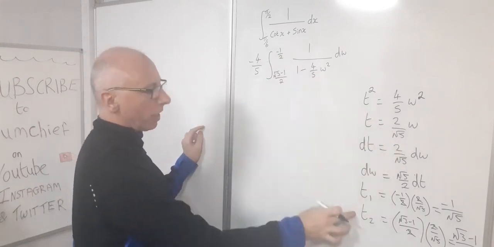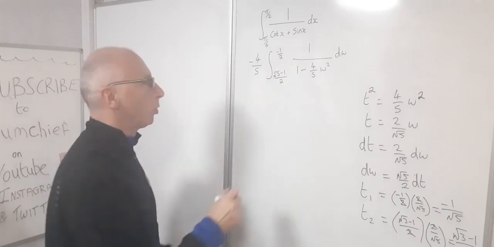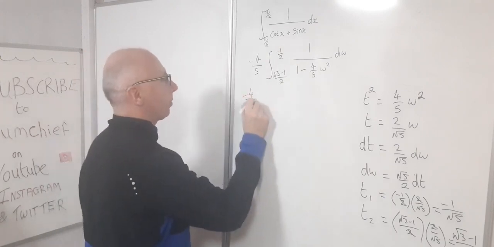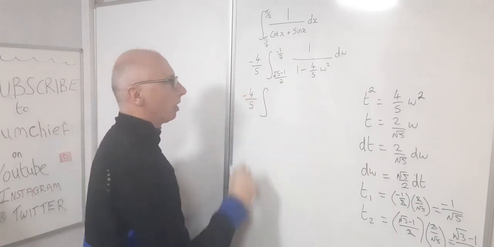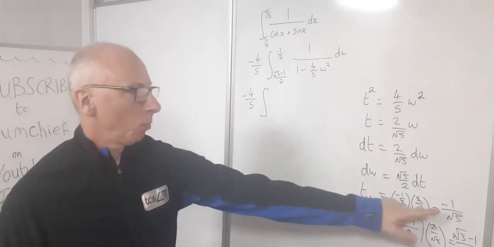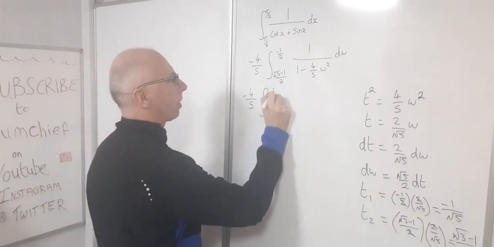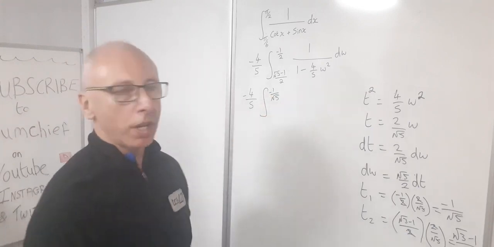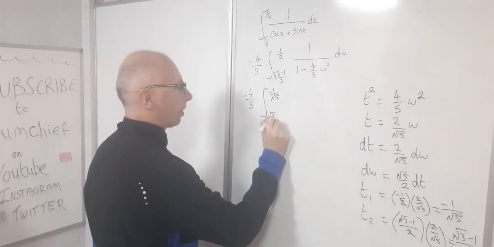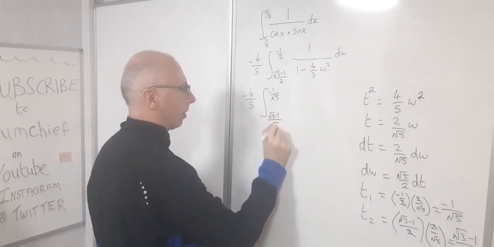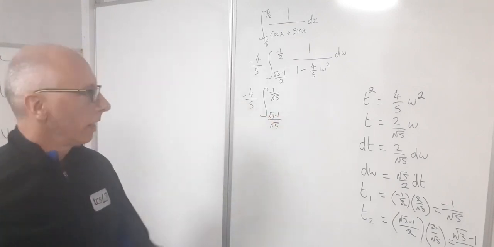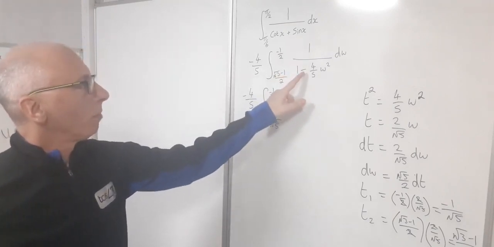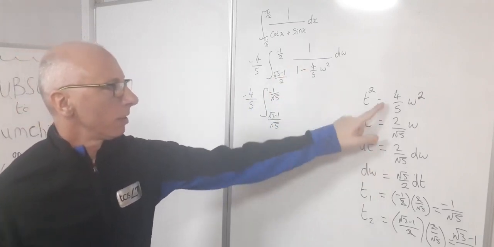And then our parameters are here, and then we've got this constant multiple here. So we've got minus 4/5, and the limits minus 1 over root 5 and root 3 minus 1 over root 5. And then 1 over 1 minus t squared.